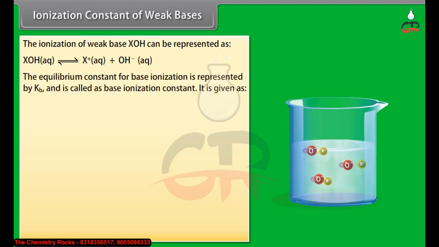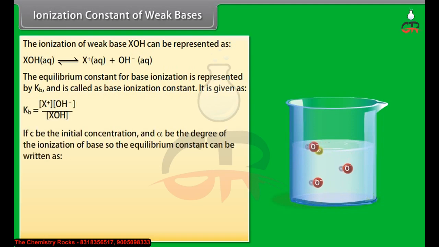The equilibrium constant for base ionization is represented by Kb and is called the base ionization constant. If C is the initial concentration and alpha is the degree of ionization of base, the equilibrium constant can be written as Kb is equal to C alpha squared by 1 minus alpha.